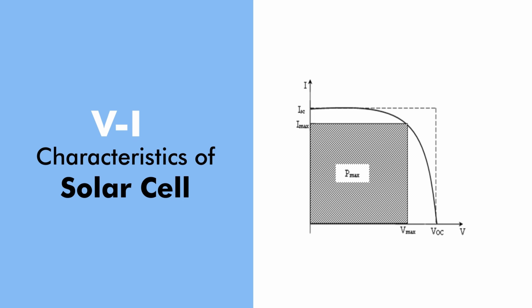Here P suffix max, or P max, represents the maximum power that you will achieve through the solar cell. The current at which maximum power occurs is denoted as I max, and the voltage at which maximum power occurs is denoted as V max.